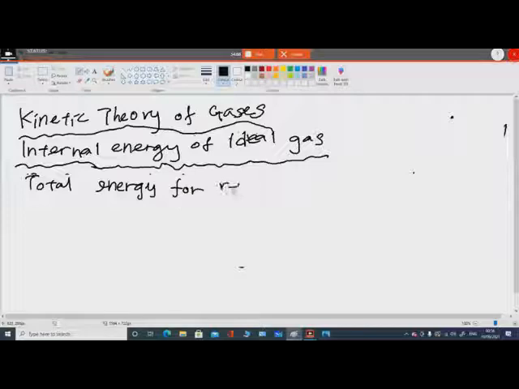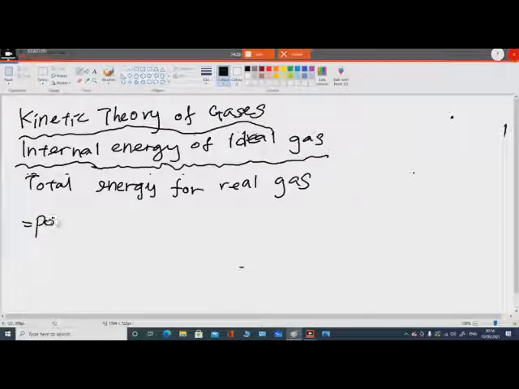As we discussed just now, the intermolecular forces for the real gas cannot be neglected, so this accounts for potential energy.